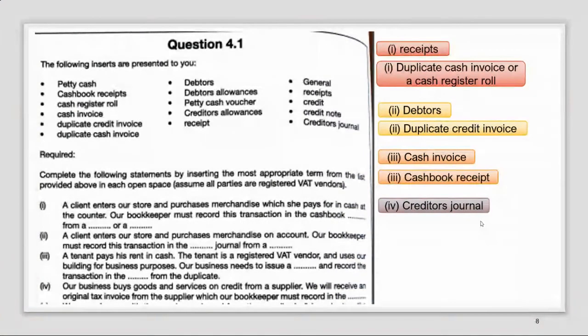Make sure that you understand what the difference is between a debtor and a creditor. This is one of the biggest things where students lose marks: they capture everything absolutely 100% correct in the journals, but they capture it in the incorrect journal and then you get 0. So make sure that you understand the difference between the two.